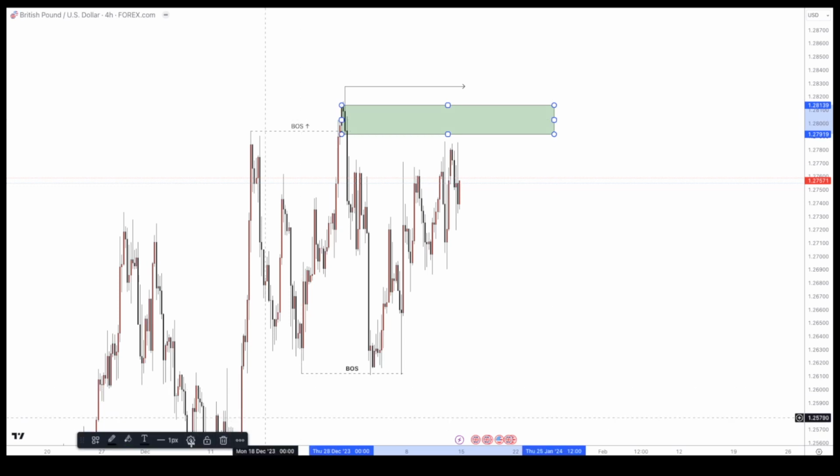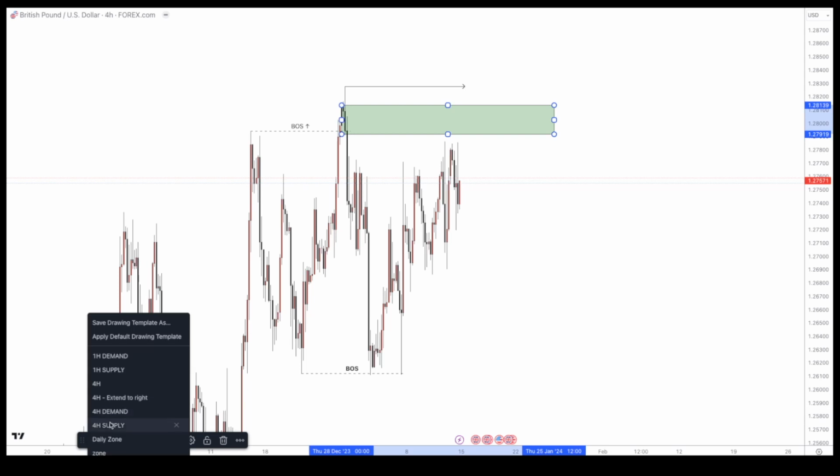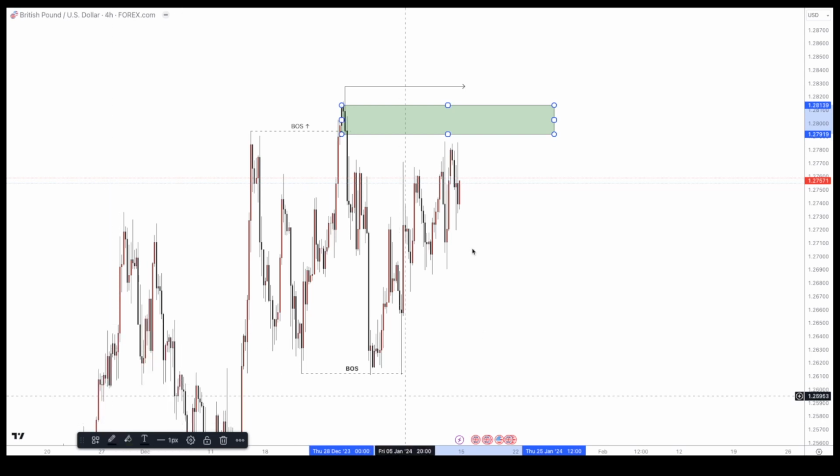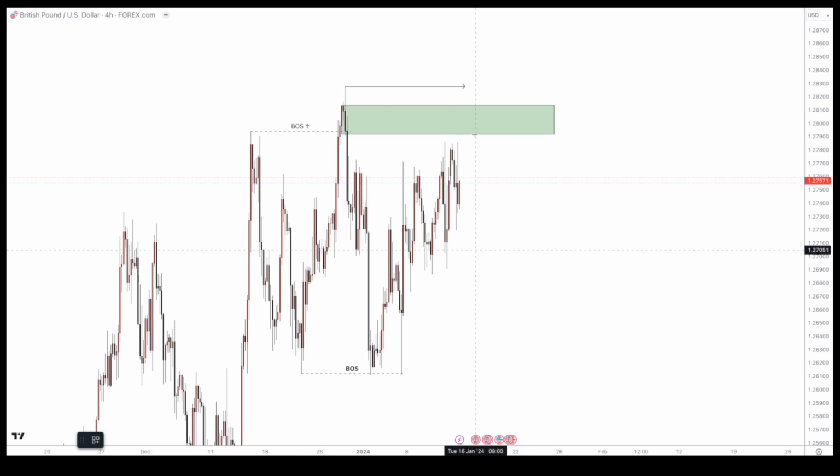The price will get to that zone, and we might possibly see price changing direction, which could be something similar to that.